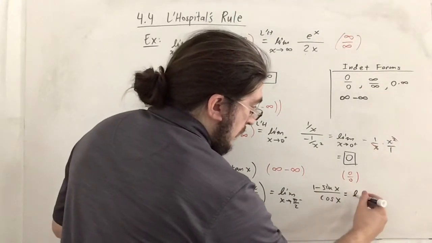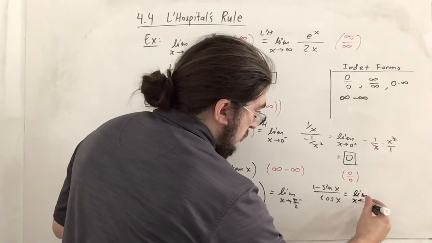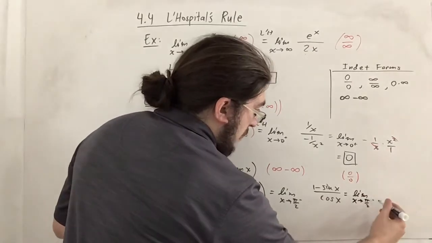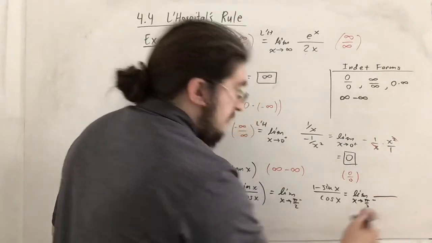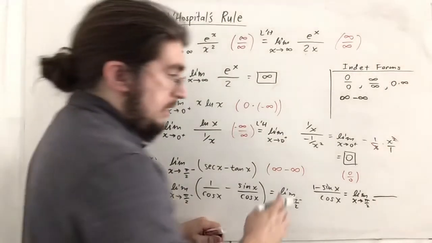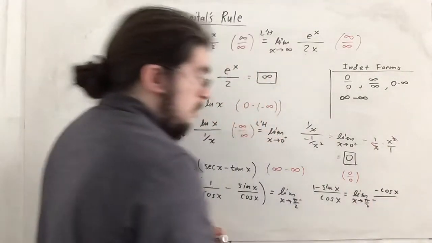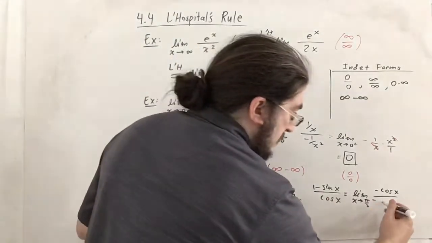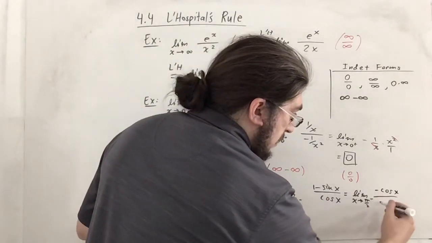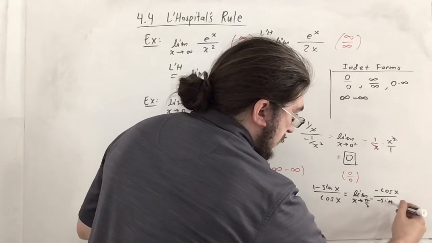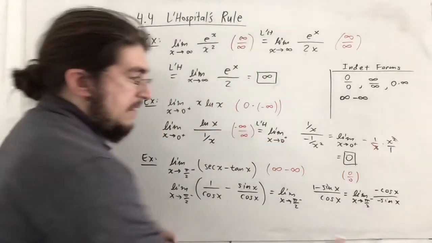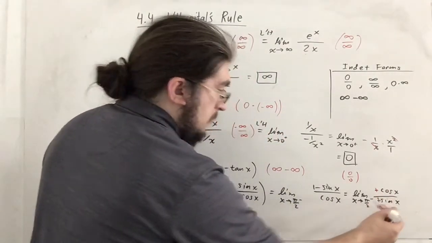So this is going to be the limit as x goes to pi over 2 from the left of, let's see, derivative of 1 minus sine is 0 minus cosine, so it's negative cosine. Derivative of cosine is negative sine, so that's this, okay, good. It's negative sine like that. Negative over negative, notice, is positive, so I can change those to positive.